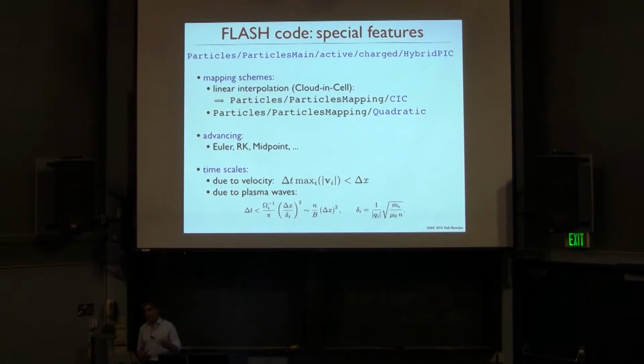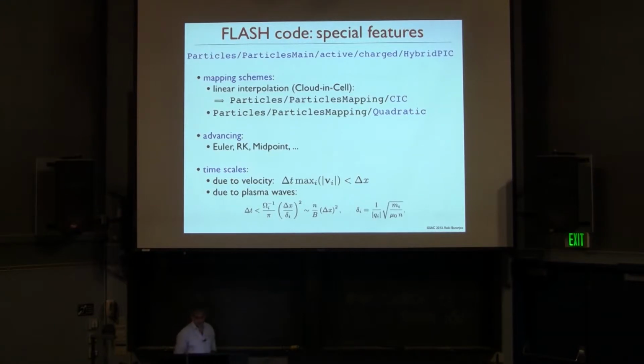You also have to look at the possible waves you might generate. In this case, you might generate so-called plasma waves or Whistler waves, and you have to account for the speed of Whistler waves, and also restrict the Whistler wave not to propagate any further than a grid cell within a time step. So you assign a time step to this as well, and the time step scales with this number.